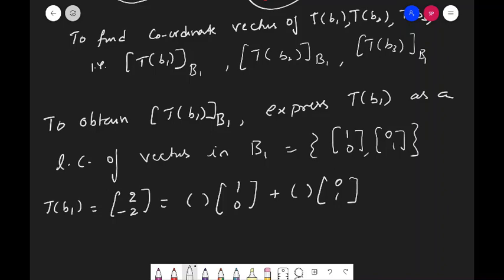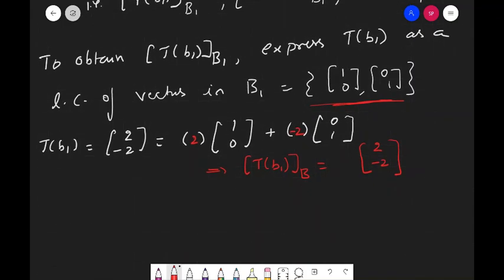So how can we write? We know this is 2 minus 2 because it is a linear combination with the standard basis vectors. That implies the coordinate vector of T of b1 with respect to B1 is nothing but 2 minus 2. You got the same, T of b1 and coordinate vector the same. Why? Because it is a standard ordered basis.